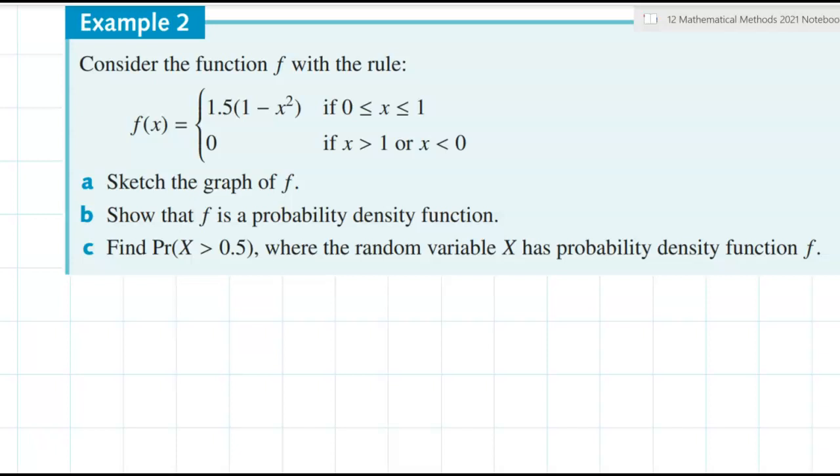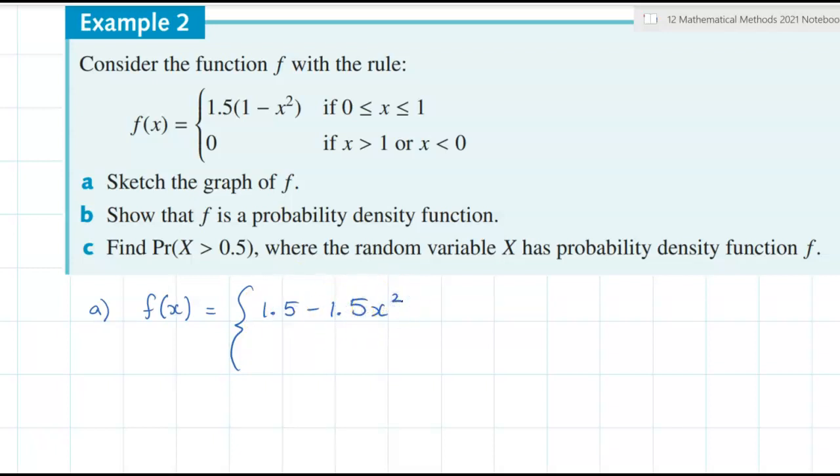What type of function is it? Oh, it's the parabola. Everyone in here should know that. Parabola. How are we sketching it?